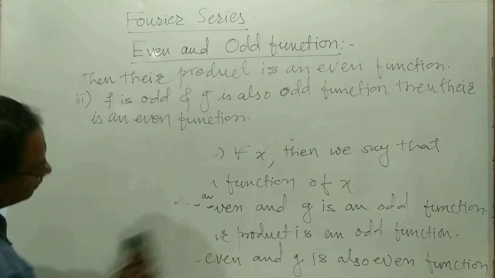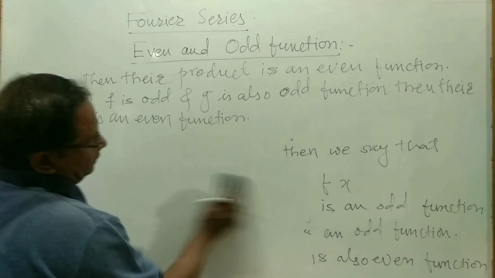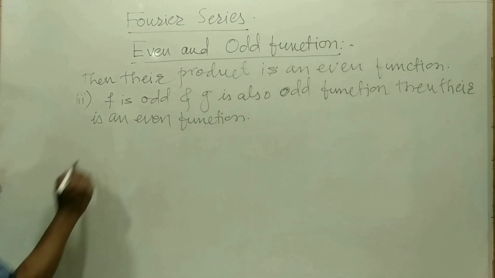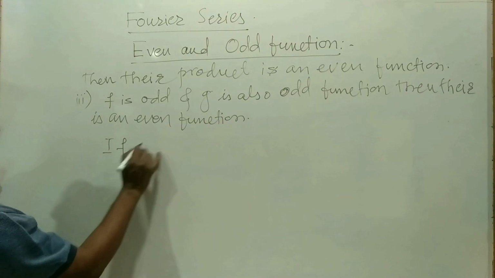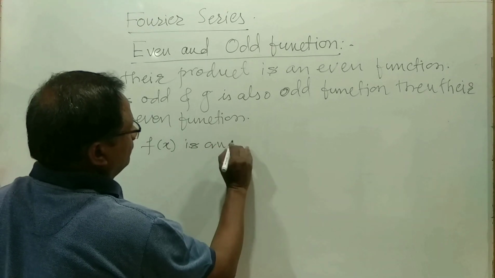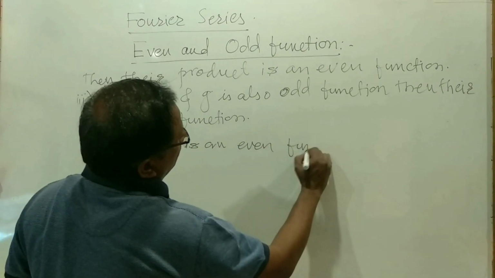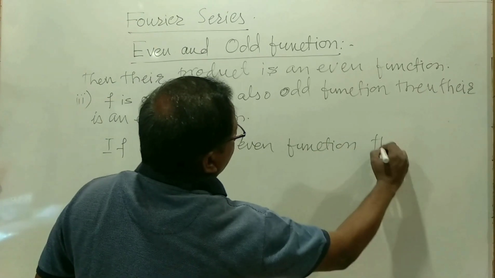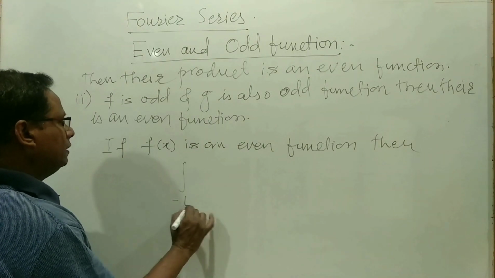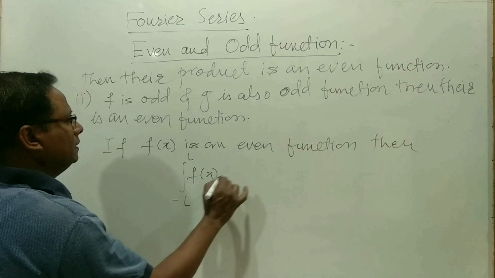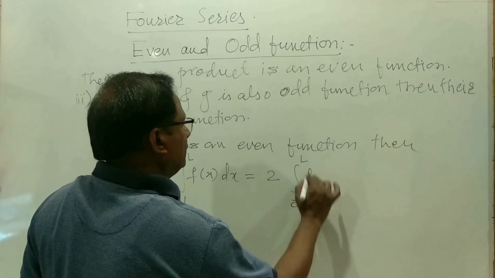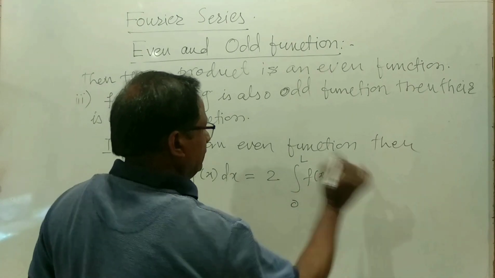Also, integration about these even and odd functions. If f of x is an even function, then we have the integral from minus L to plus L of f of x dx equals 2 times the integral from 0 to L of f of x dx.